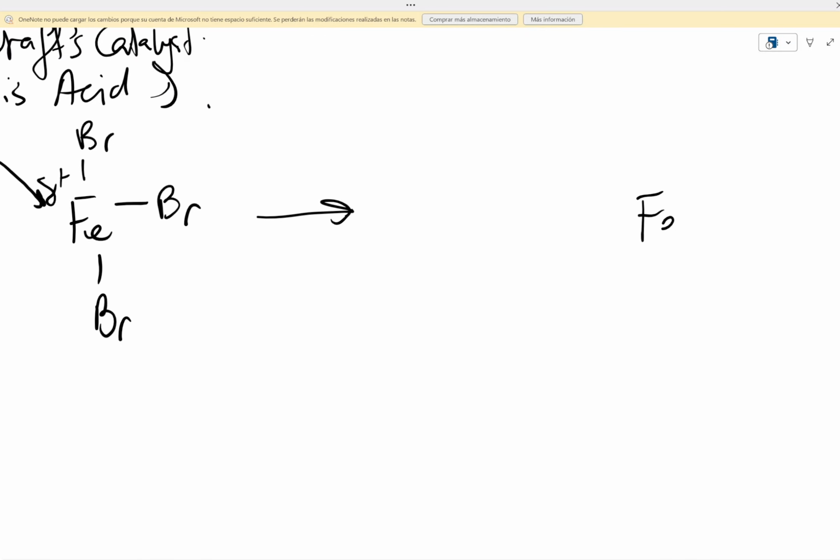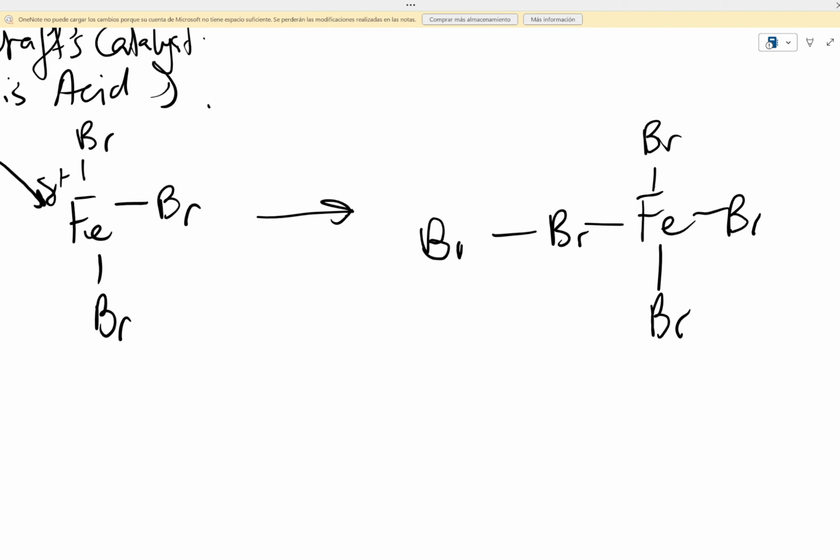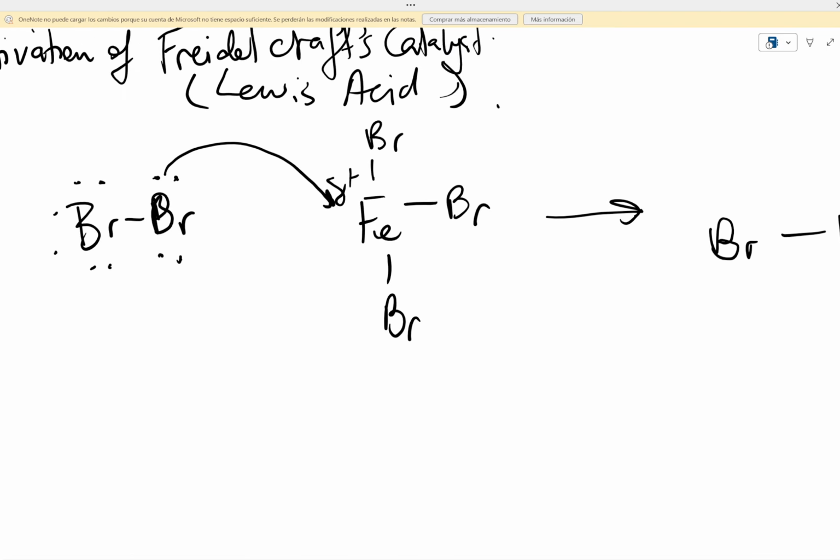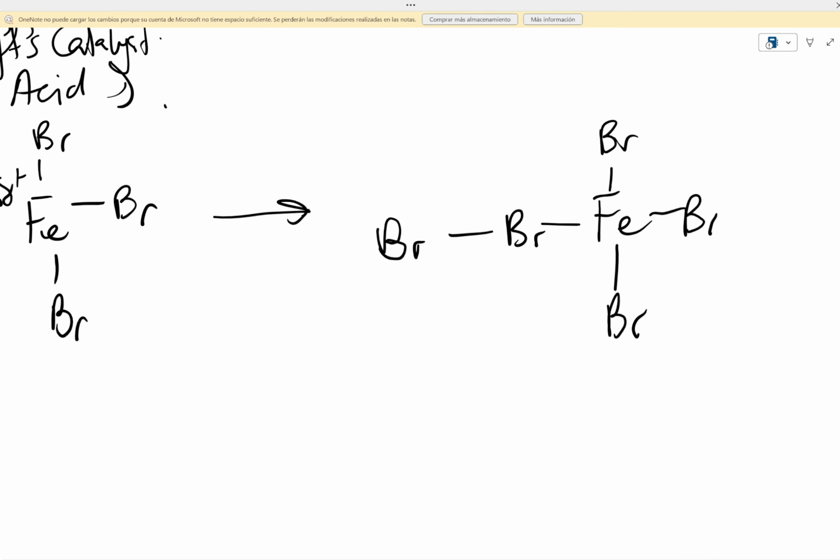We're going to end up with iron bonded to bromine in its regular FeBr3 state, but it's also bonded to the molecular bromine like this. So this group gets added on here, okay? So it creates a structure that looks like this. Let me just add in some free electrons so you can understand how this works. So there's a slightly negative charge there, right? We're going to have a slightly positive charge here, and a slight positive charge here, right?